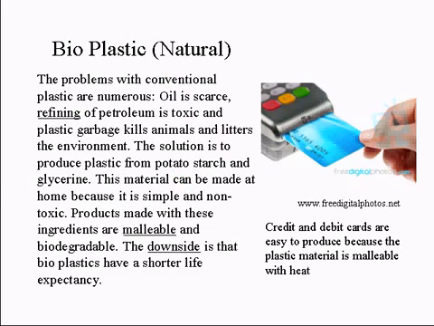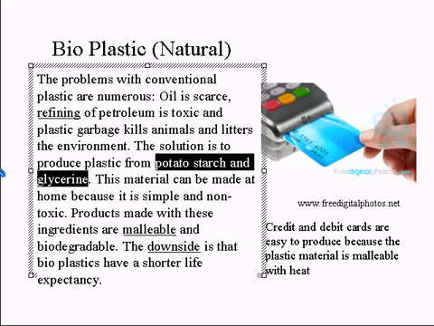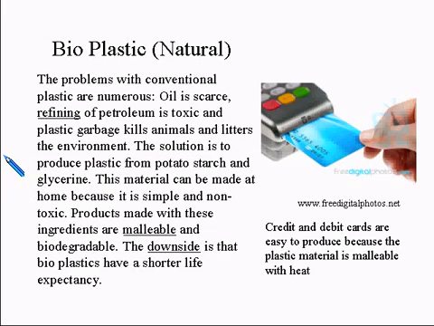Okay, the solution is to produce plastic from potato starch and glycerin, but this is just a homemade plastic. Any factory that's making this plastic is not going to use potato starch and glycerin. They'll probably use sugar.